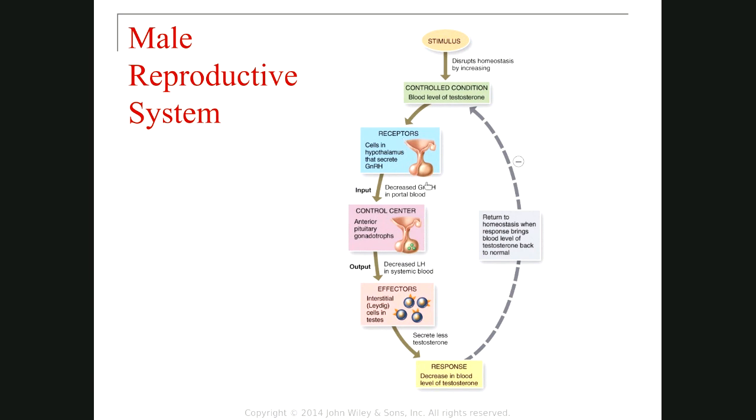When we have a decrease in the amount of GnRH, we have a decrease in stimulation of gonadotroph cells in the anterior pituitary gland, so the amount of LH decreases. When the amount of LH decreases, it cannot stimulate the Leydig cell to make more testosterone. So you see that the amount of testosterone decreases, and this is a system which we call negative feedback.